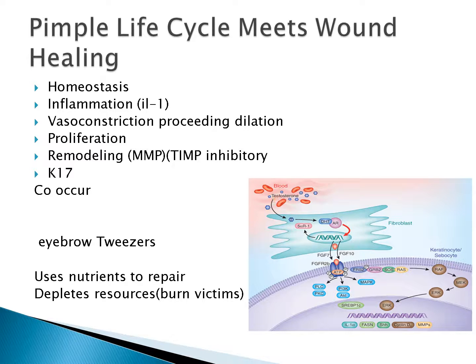Testosterone. So testosterone comes from the blood, interacts with these fibroblasts, is converted to dihydrotestosterone, which is a very active form of testosterone, attaches to the androgen receptor, which basically causes genetic expression. Then these genetic factors go into the keratinocyte and the sebaceous sites.